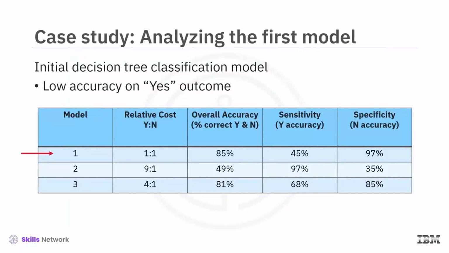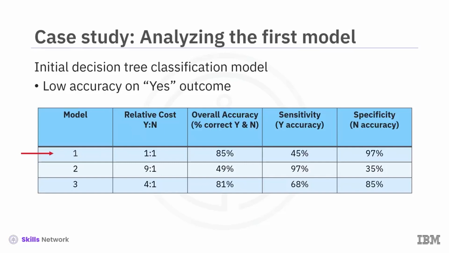With a prepared training set, the first decision tree classification model for congestive heart failure readmission can be built. We are looking for patients with high-risk readmission, so the outcome of interest will be congestive heart failure readmission equals yes. In this first model, overall accuracy in classifying the yes and no outcomes was 85%.